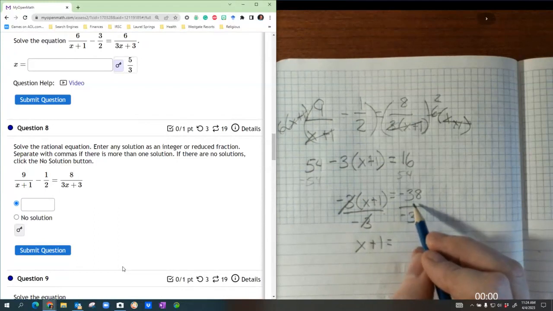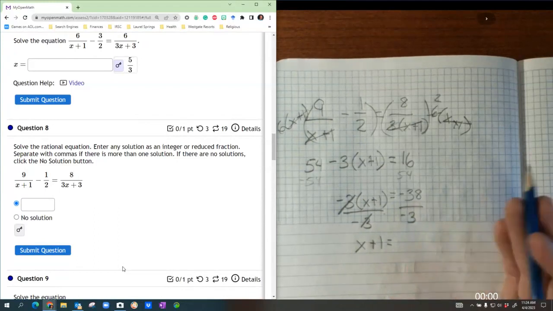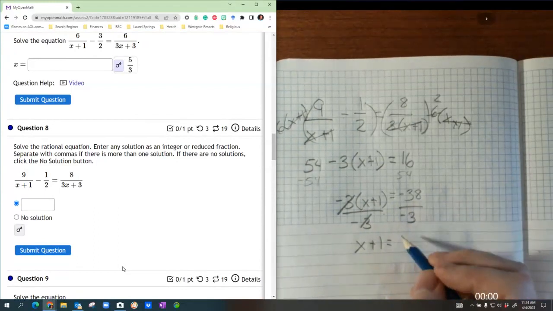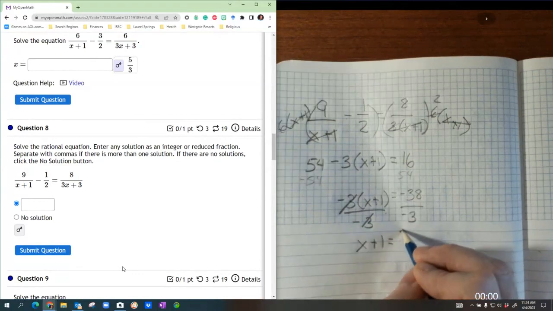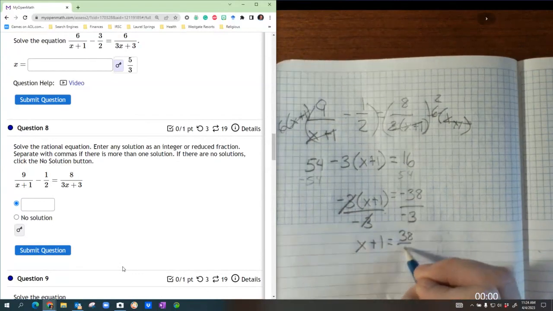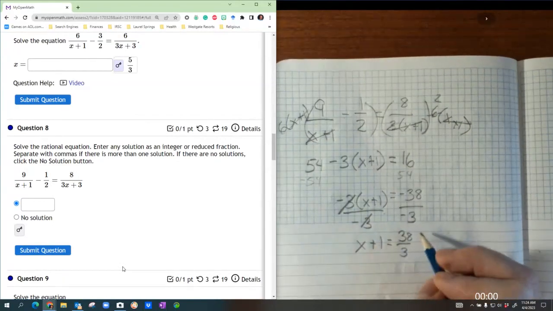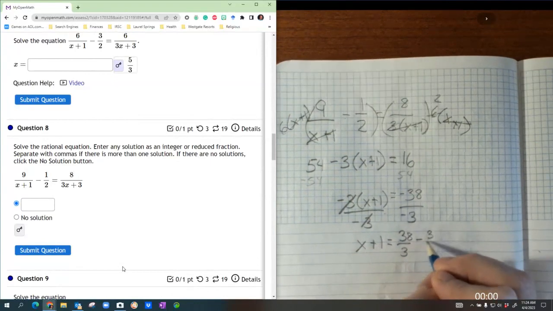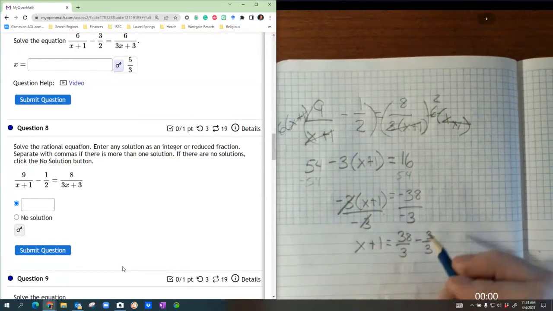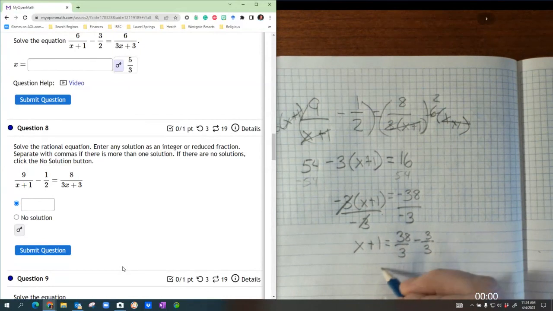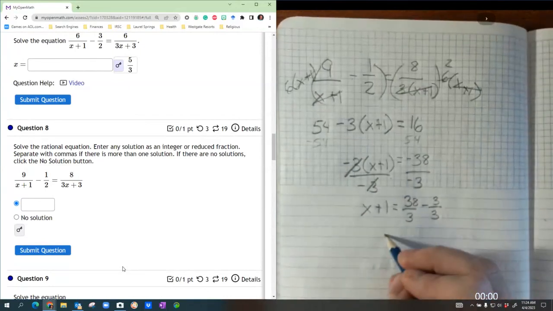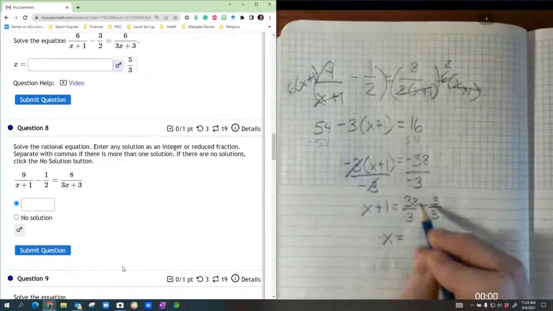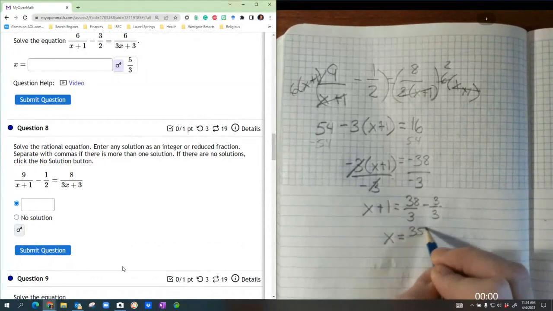Now, 3 doesn't go into 38. It goes into 39, but not 38. So we're just going to leave it like this and then just put positive 38 over 3 and then bring the 1 over. It becomes 3 over 3. All right. And then we're going to go ahead and put down x equals, and then it's 35 over 3.